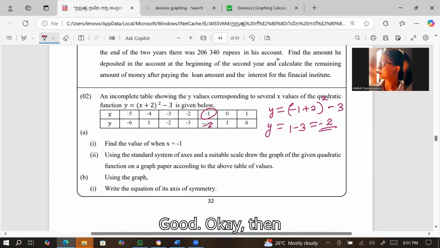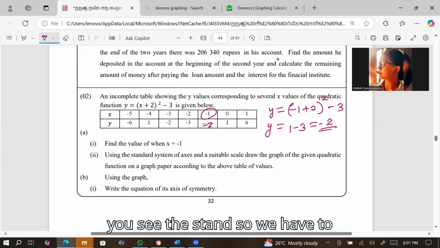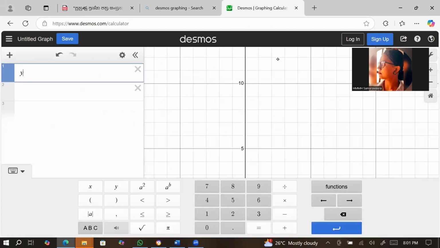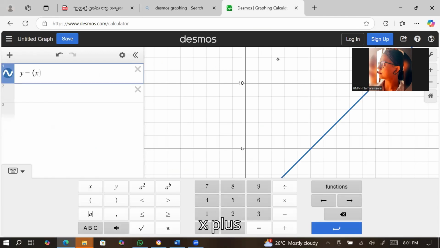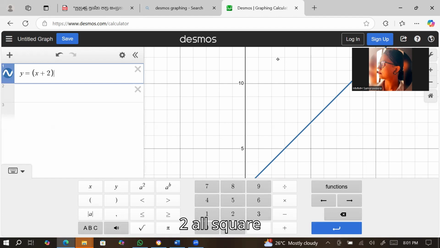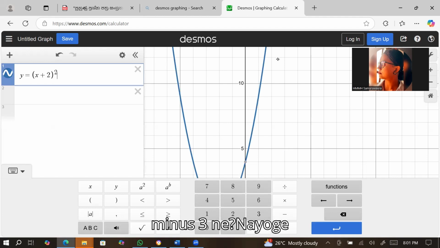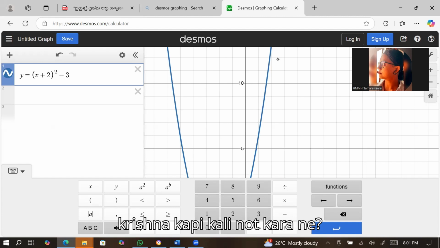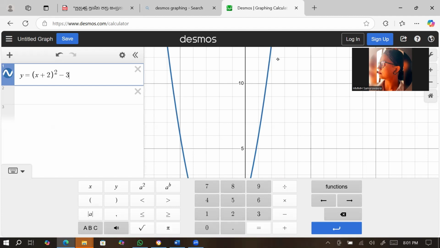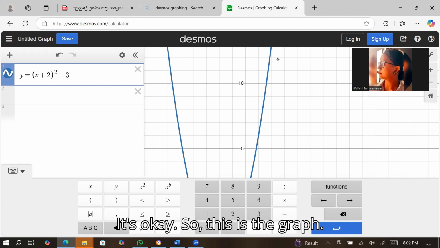Good. Okay, then using the table we have to draw the graph. y equals (x plus 2) all squared minus 3. We have done a question like this before, haven't we? Okay, this is the graph.